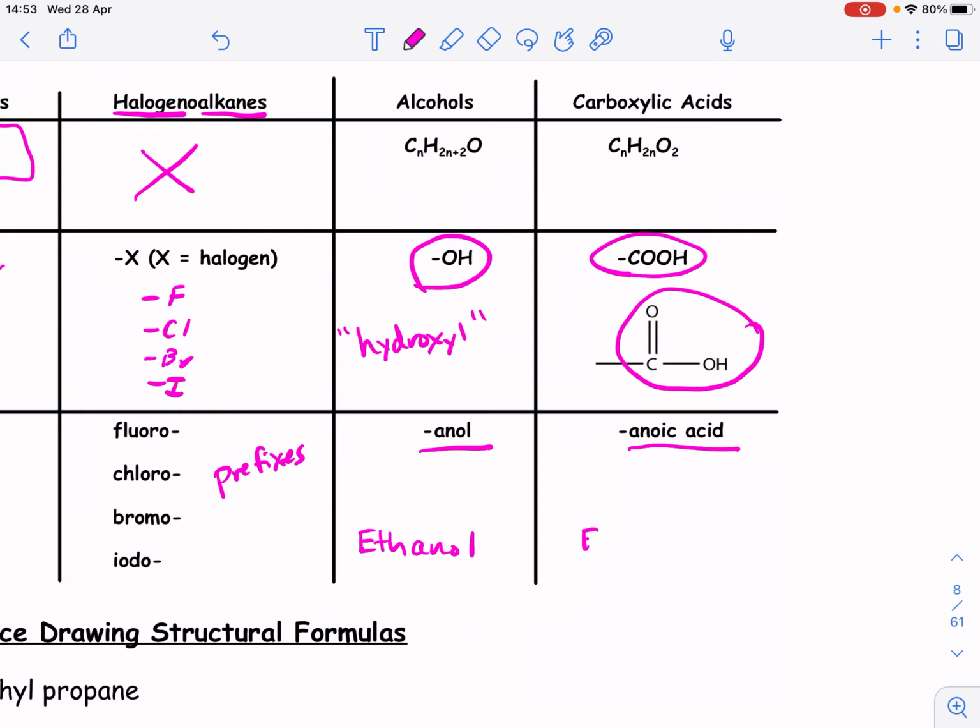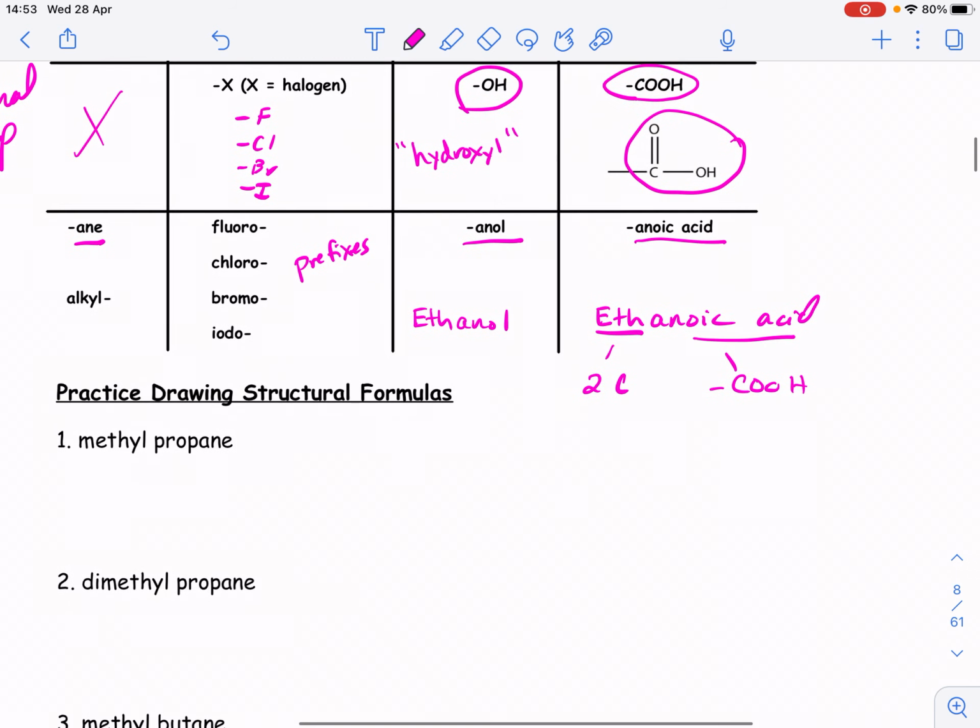A 2-carbon carboxylic acid is F anoic acid. So this part tells you 2 carbons, and this part tells you that it has to have this COOH group as part of it. And then we can work out how that's all drawn out. Okay?